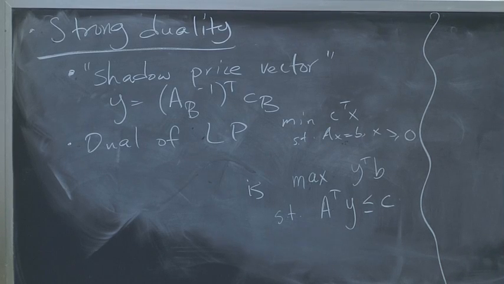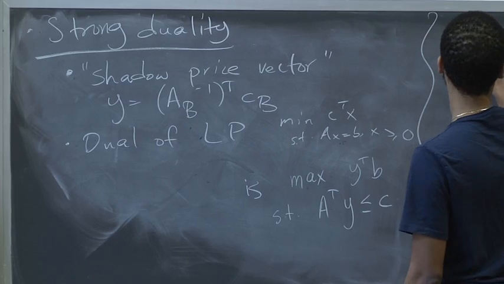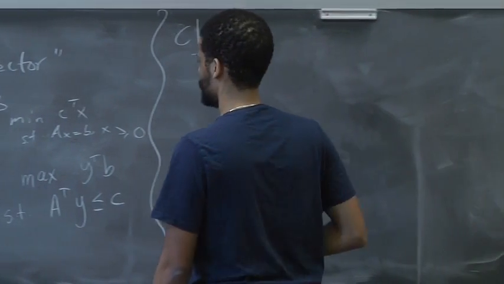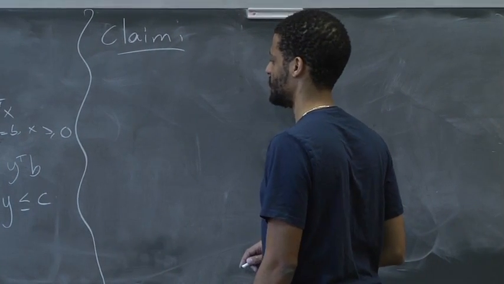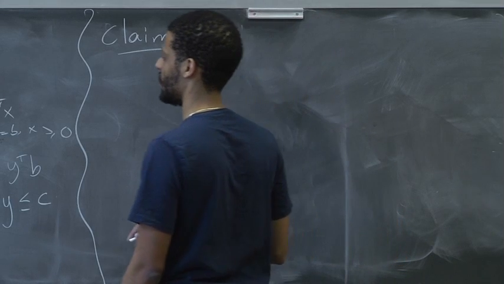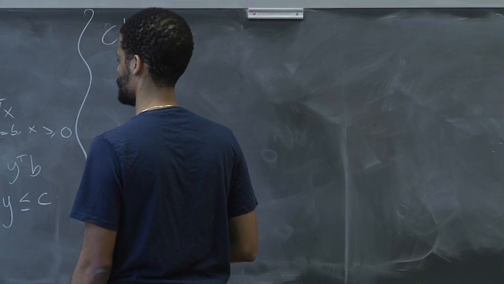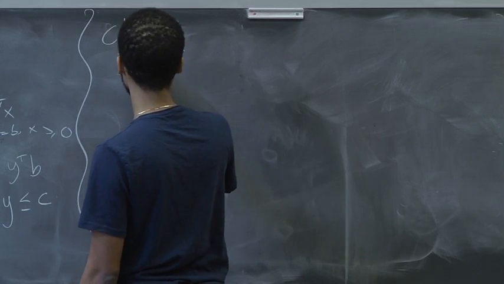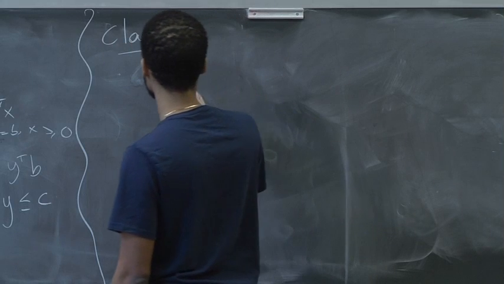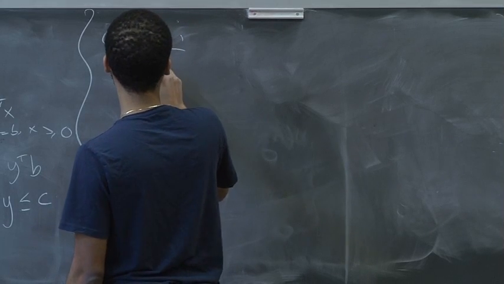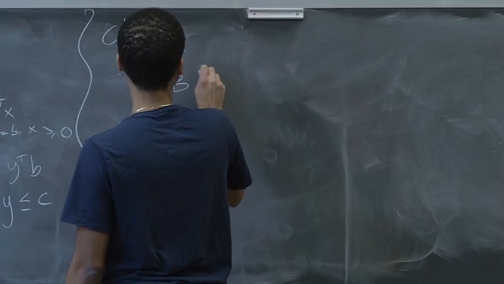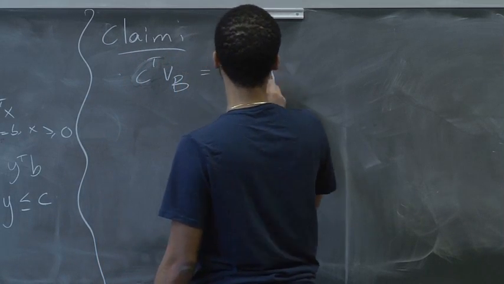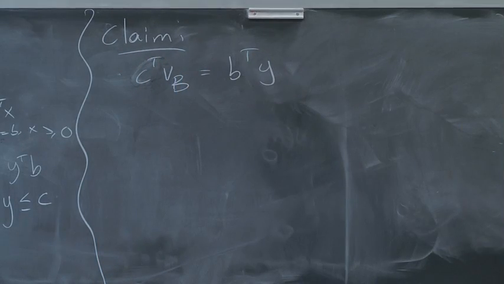So the first claim is that c transpose v_B is equal to b transpose y. Currently we have some iterate B, and v_B is the vertex we're currently at.